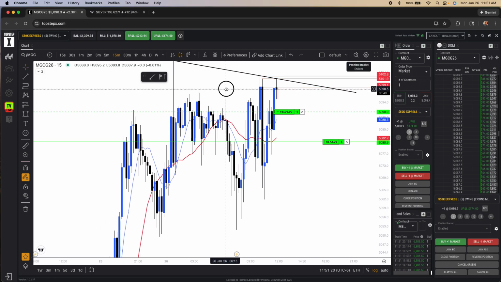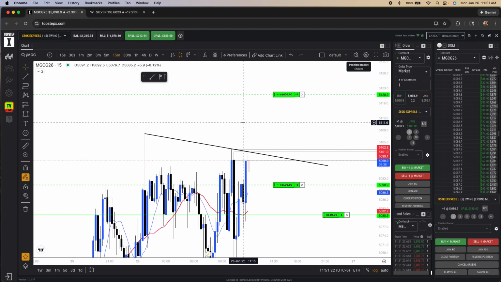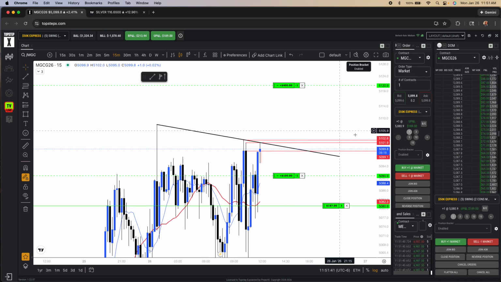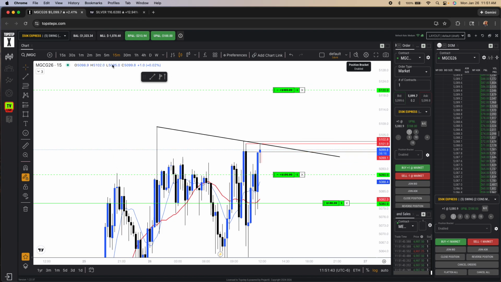So risking 85 right now to make another, how much is that? I think 220. Yeah, 220. So that's definitely worth the risk if I want to take it, of course. So that's kind of what I'm deciding now.